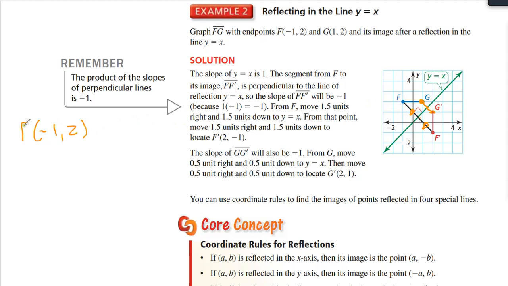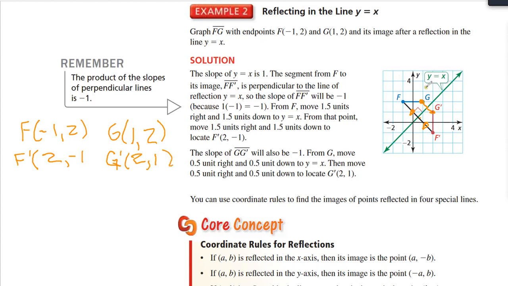That's F. F prime is 2, -1. G is 1, 2. G prime is 2, 1.